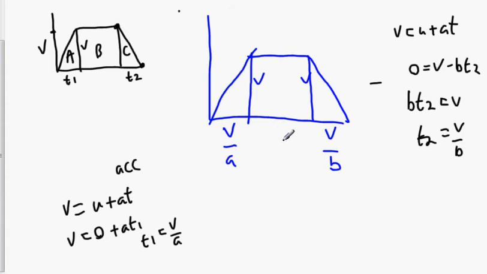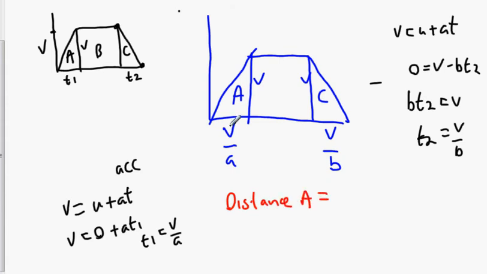So what we can work out is distance A and C. If you look at your notes there, distance A and C can be worked out. I'll work this out in red here. Distance A is equal to the area of a triangle.